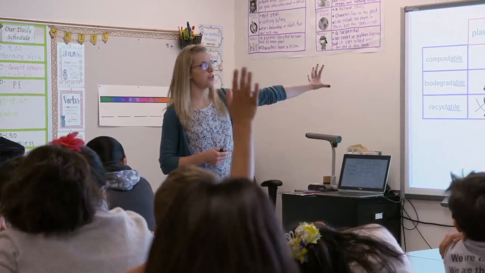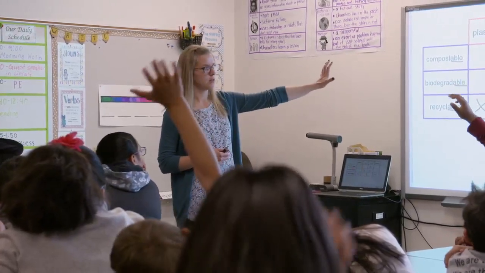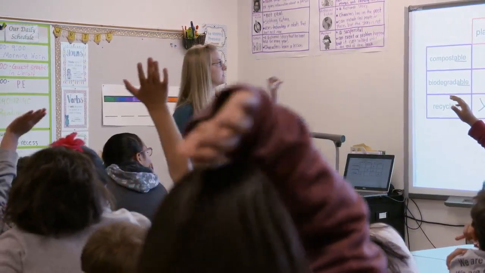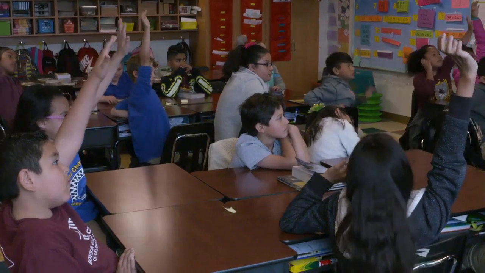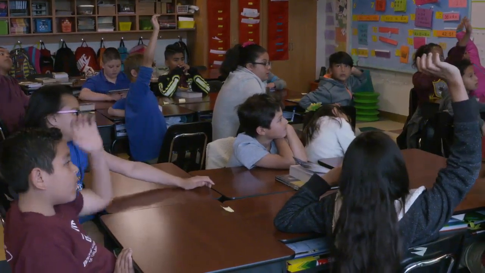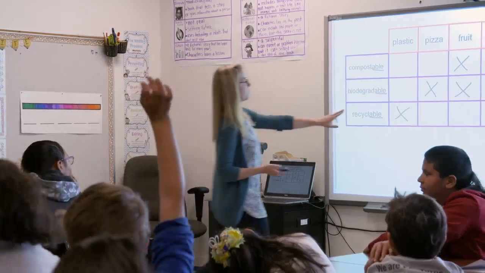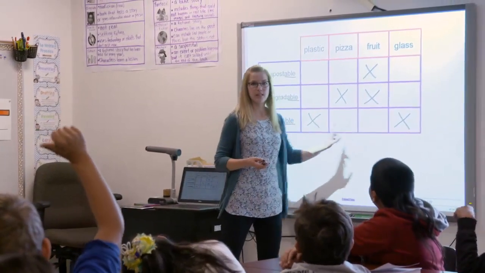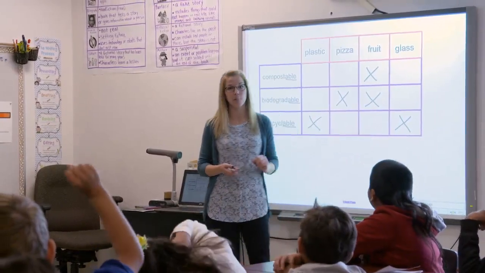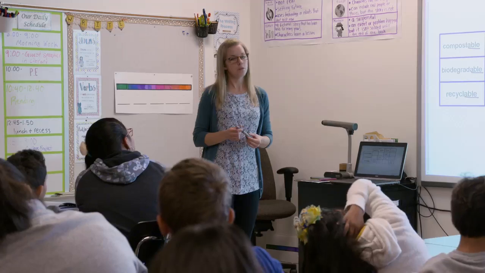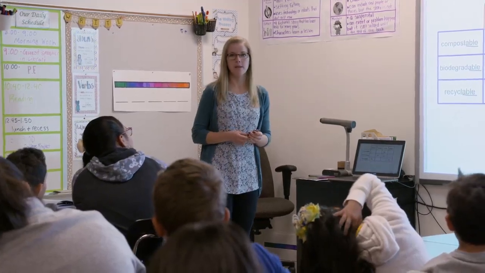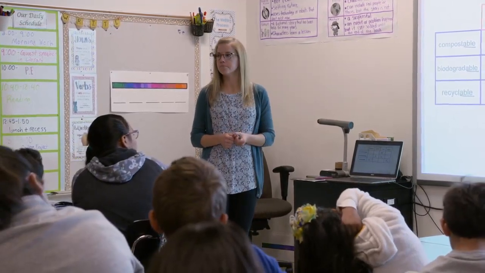But let's look at our chart and use the information on our chart. What information on our chart is the same about plastic and glass? We could say they are both recyclable. Plastic and glass are both recyclable, right? We see that those are characteristics that they have in common. Okay? Jeffrey. Also, they're both see-through. That's another commonality that they have.